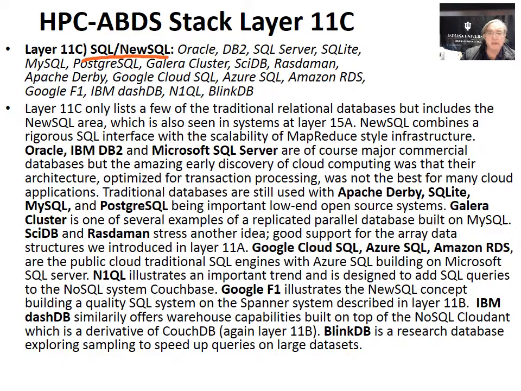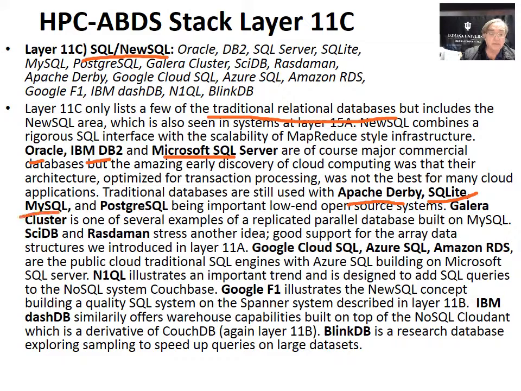So in this category, we don't pretend to list all the many relational databases. We just list three major ones: Oracle, IBM, and Microsoft. Then we have the low-end ones. I don't mean they're negative. These are lightweight ones that tend to be used by many users. Apache Derby and SQLite are the two lightest.